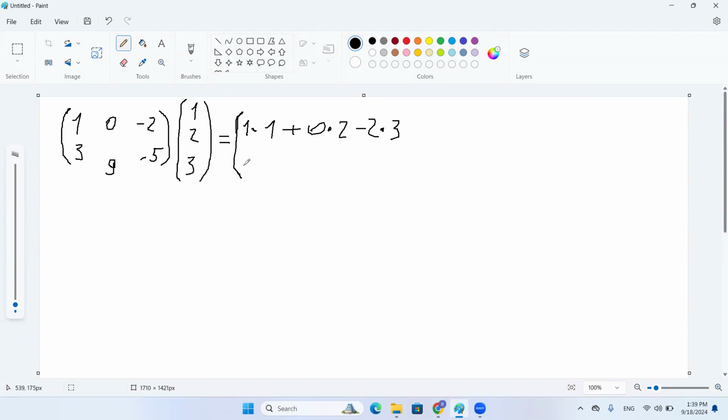Correct. And 3 by 1 plus 9 by 2 plus minus 5 by 3. Yeah, correct. And now we will calculate it. So here is 0, 1 minus 6 is -5, 3 plus 22, so 25, 25 minus 15 is 10.